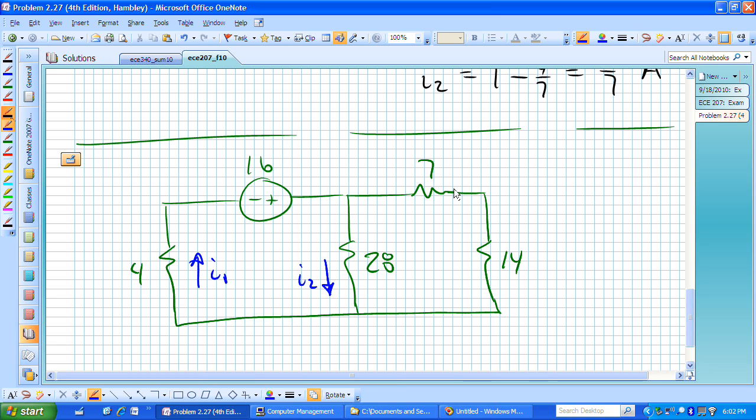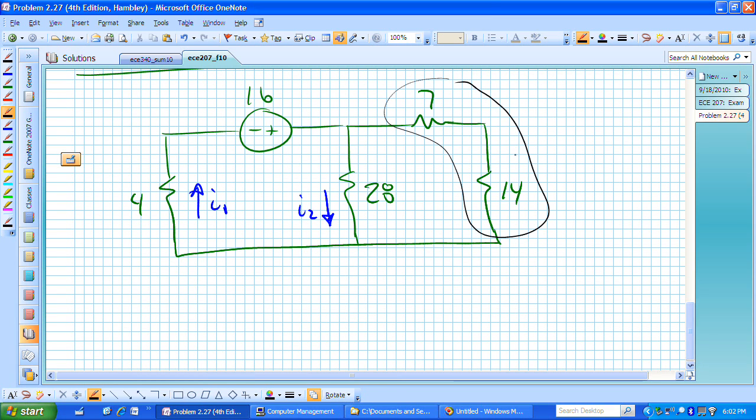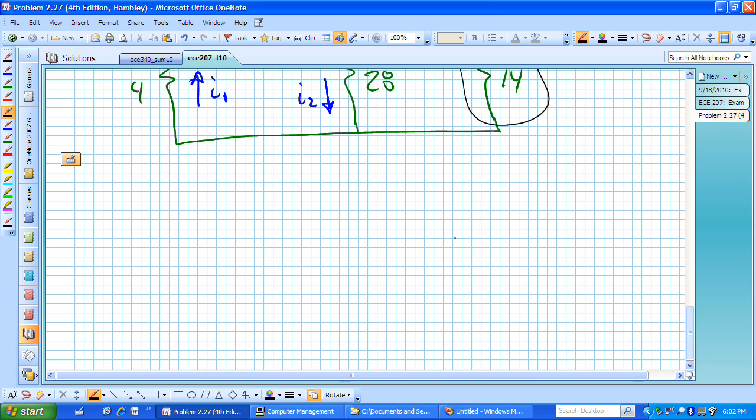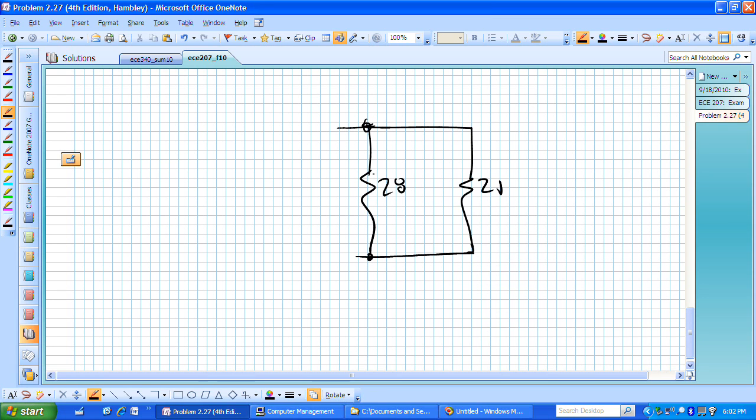Suppose that I combine those two series resistors. That will give me a resistance of 21, and now that 21 ohm resistor is in parallel with this 28 ohm resistor, and I'm going to replace that network, let me say from A to B, with an equivalent resistor.